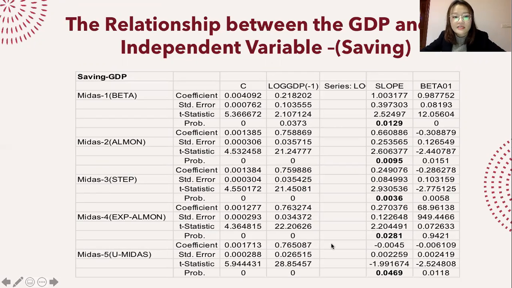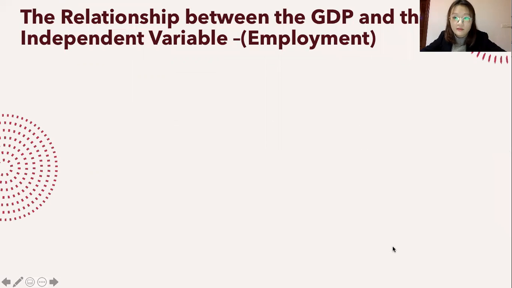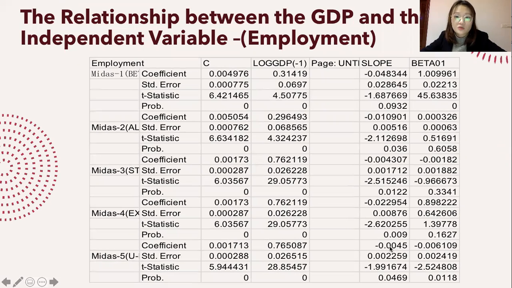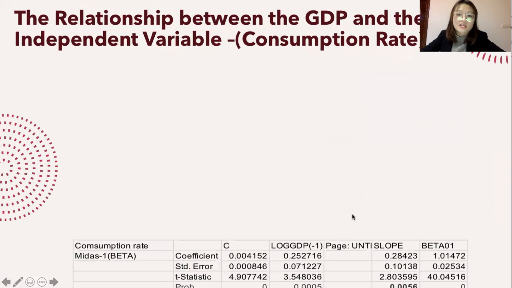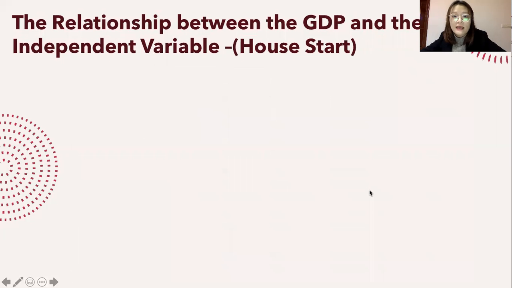For all 5 MIDAS, every weighting method shows a significant result between the GDP and the savings. It's also the same between the GDP and the employment. Even the consumption rates and the GDP show a very positive, significant relationship between these 2 variables.